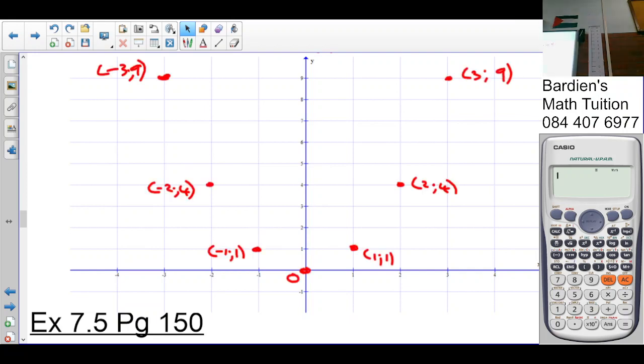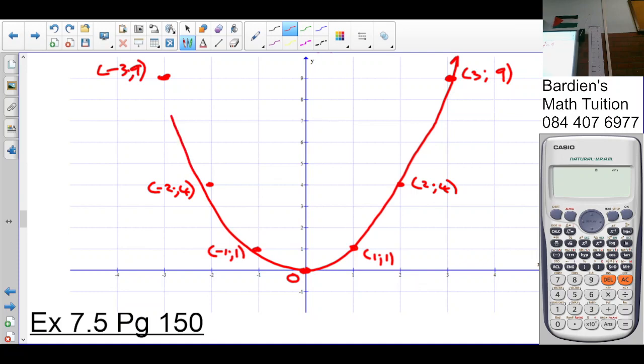Alright, so at this point we're going to connect the dots. From the turning point, we go through that point there, and of course the side of the middle. Try again, going through those points.